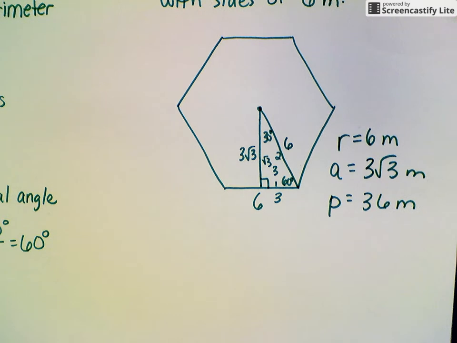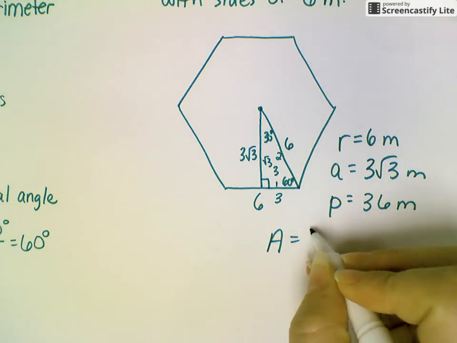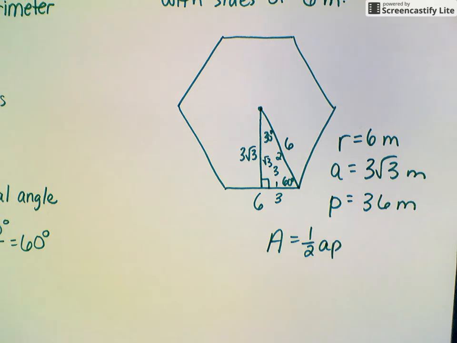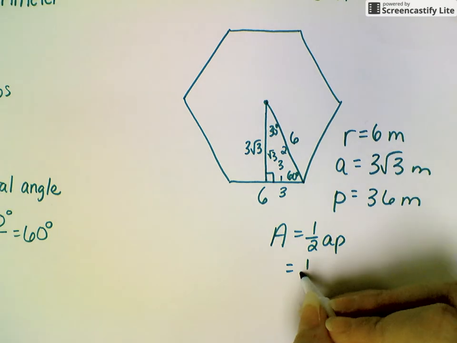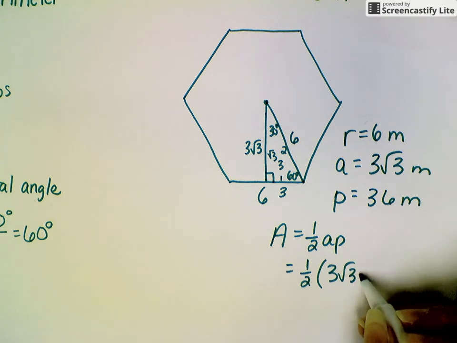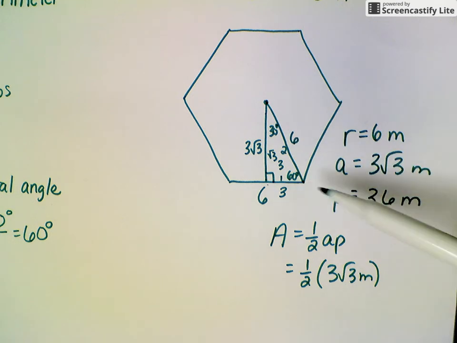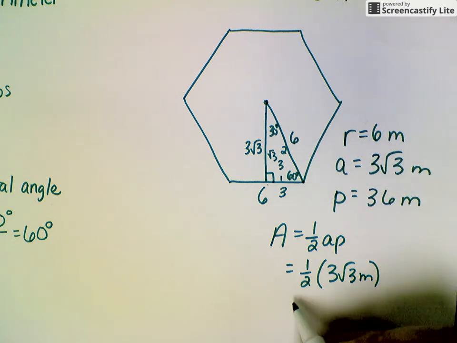So now that we have all of that information, we can go ahead and use our formula to get our area. The area is 1/2 times the apothem times the perimeter. My apothem was 3 radical 3 meters. And again, that came from my 30, 60, 90 triangle that I formed.